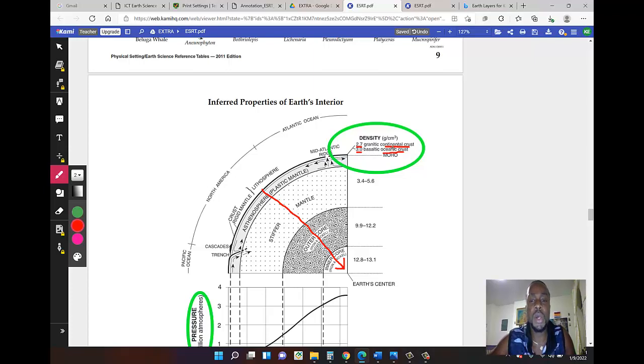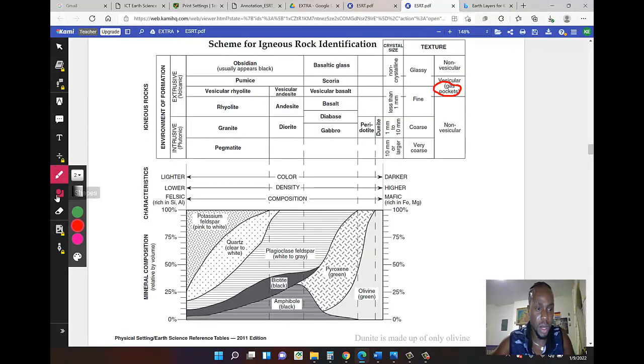So continental crust is granitic, and if you recall, granite is very felsic. If you look at granite here, granite falls on the felsic side, talking about our igneous rocks. And then basalt, on the other hand, is very mafic, which means it's darker in color.